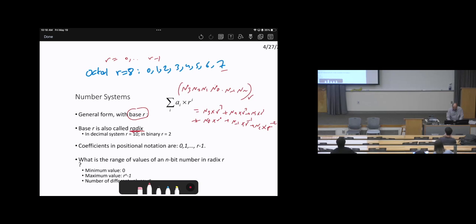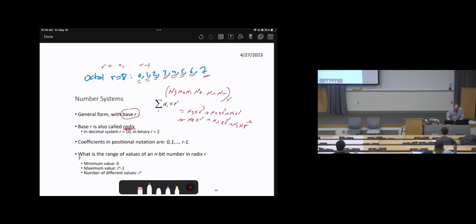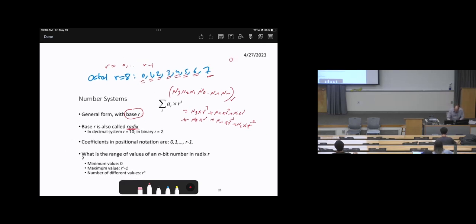So we have 8 distinguished digits: 0 to 7. For the octal number, the definition of number 9 no longer exists, and the definition of number 8 no longer exists. So when we are with octal, 0 octal plus 1 octal will be 1 octal.